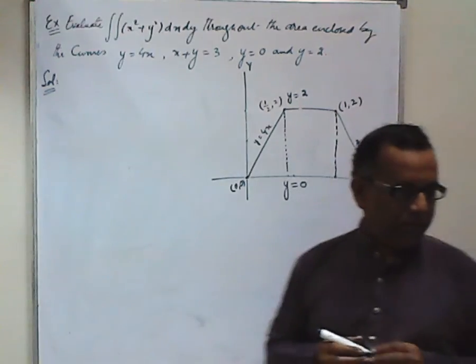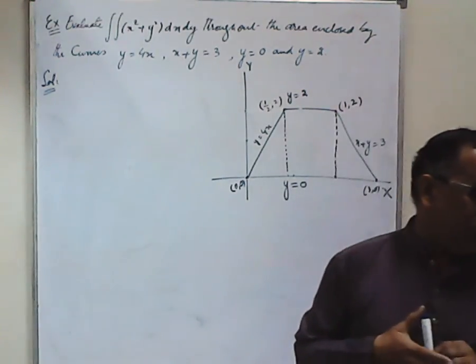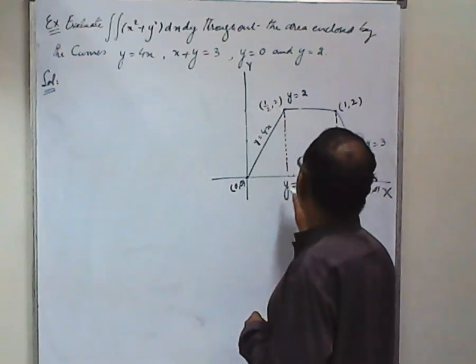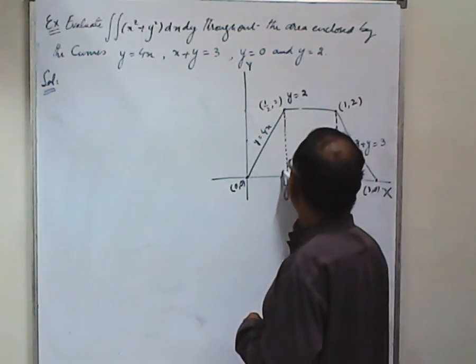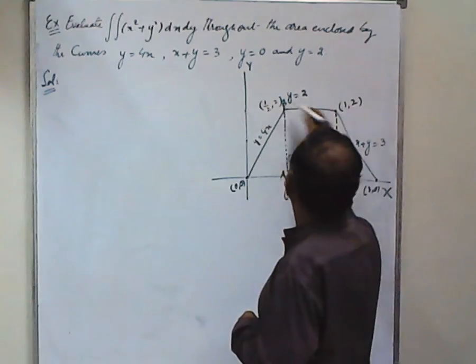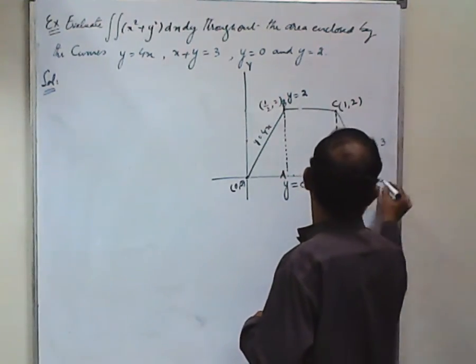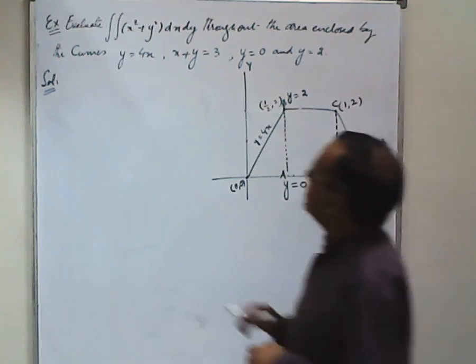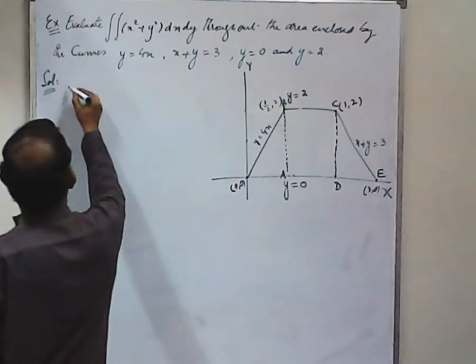So it will become easier for us to calculate the area. So if I say this is O, A, B, C, D, E.